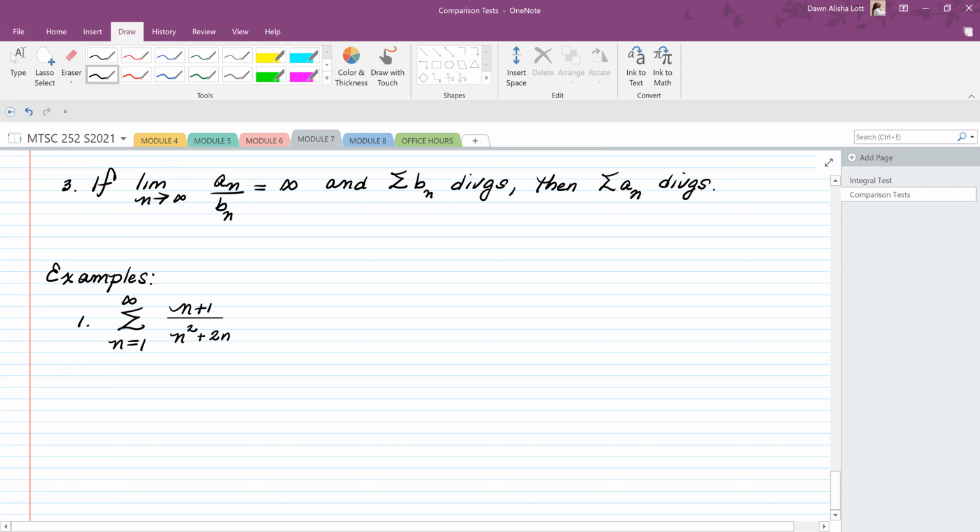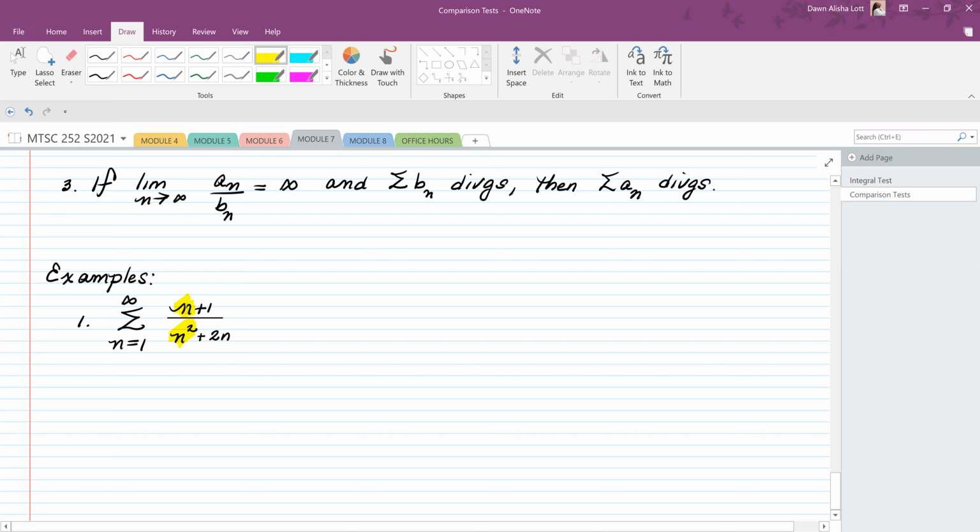All righty. Now, if I look at this series, I'll need to think about what this thing looks like when n gets really, really large. When n gets really large, the most dominating terms are the n squared in the denominator and the n in the numerator.